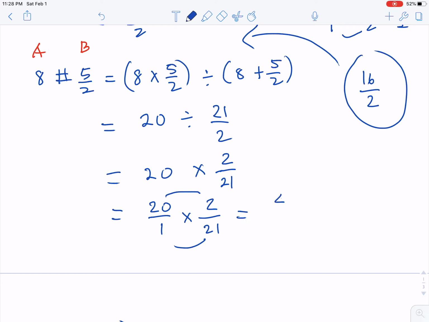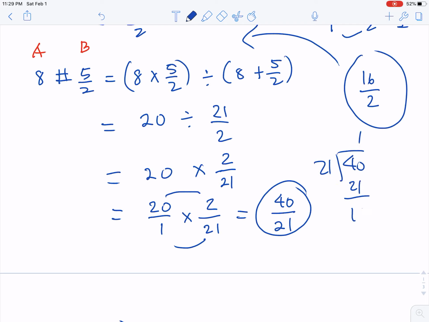This is equal to 40 over 21 or 40 21sts. Okay, ito na yung sagot, di ba? 40 21sts or pwede nating i-divide 40 divided by 21. That's 1, di ba? 1 and 19 21sts. 1 and 19 over 21.